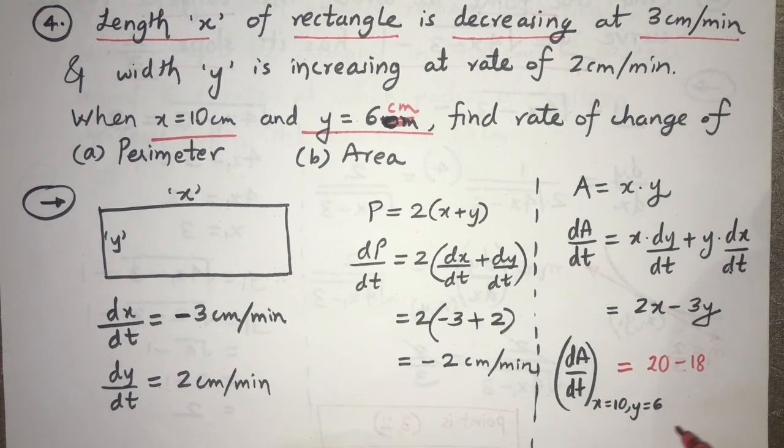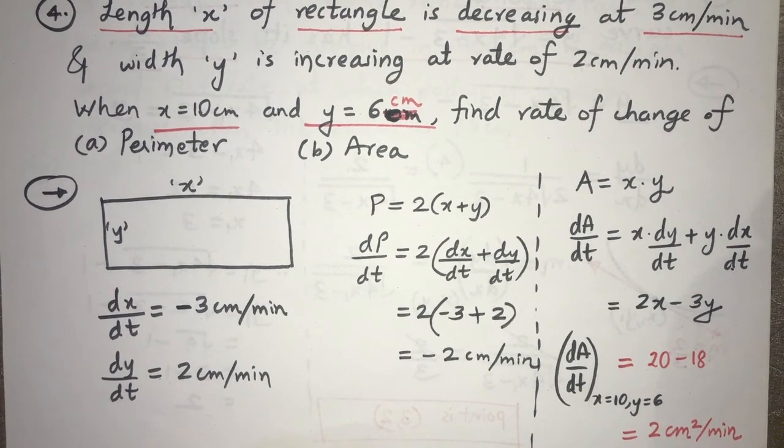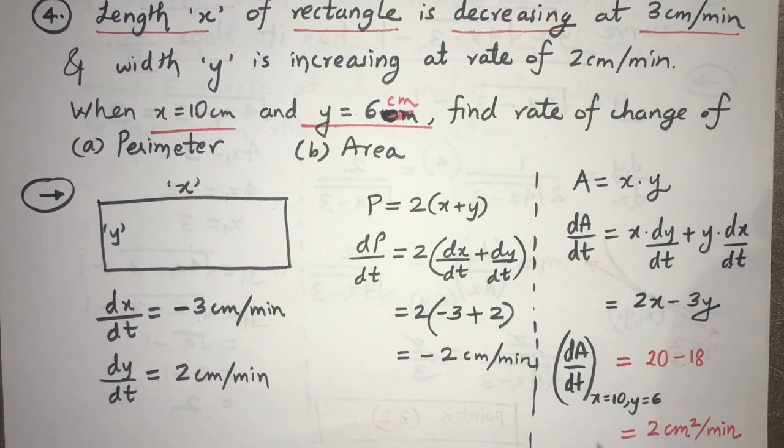The final answer is 2 centimeter square per minute. Be careful with units. Since it is area, it will be centimeter square per minute. With respect to time we are going to differentiate the area. Okay, so this is how the calculations are to be done. This is the question where we are finding the rate of change of area and we are going to use the UV rule while doing that.